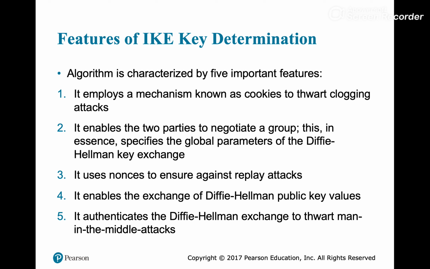Nonce means random number, so it uses random numbers to prevent replay attack. It also enables the exchange of Diffie-Hellman key values, and it prevents man in the middle attack. In Diffie-Hellman there is a possibility of man in the middle attack, but in IKE it authenticates the Diffie-Hellman exchange so that man in the middle attack should not be possible.